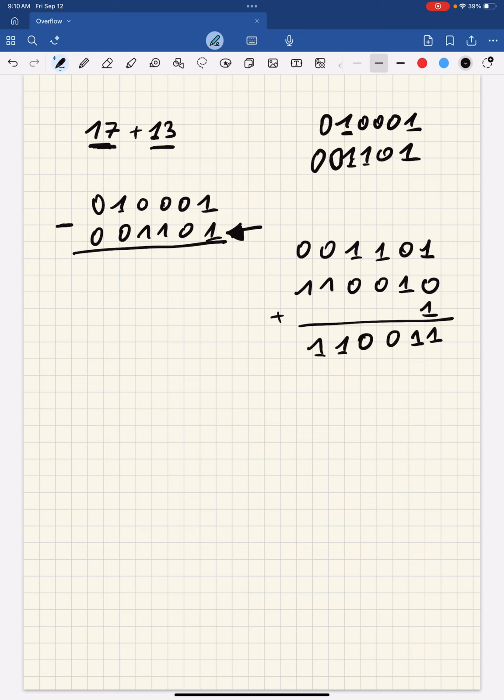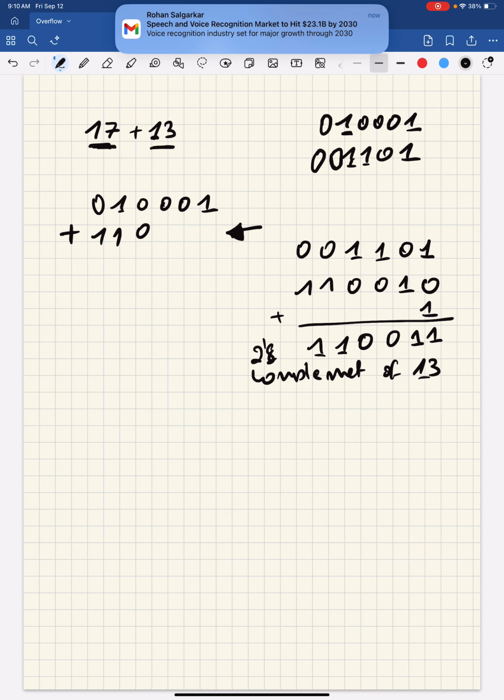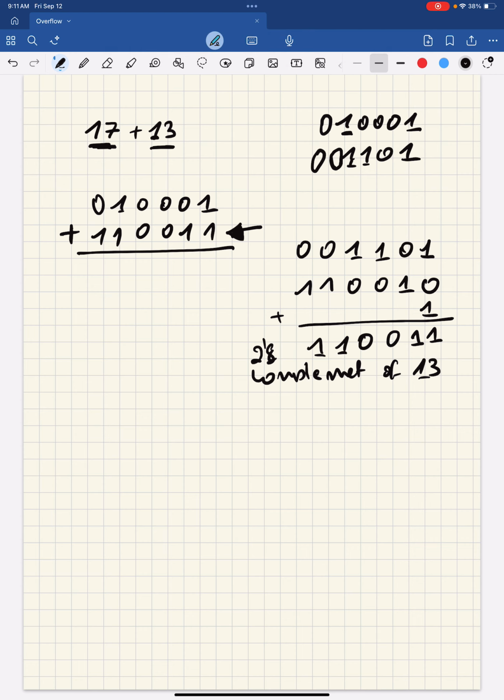So this is the 2's complement of 13. And then we will take that 2's complement and add it to the 17. So I will add that value now to 17. We will do the addition of these and see what the resulting value will be.